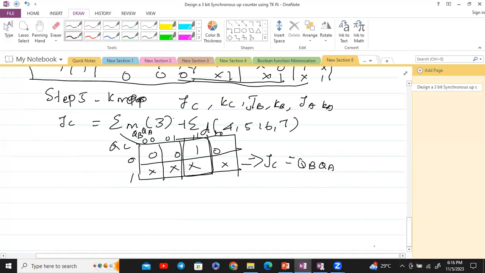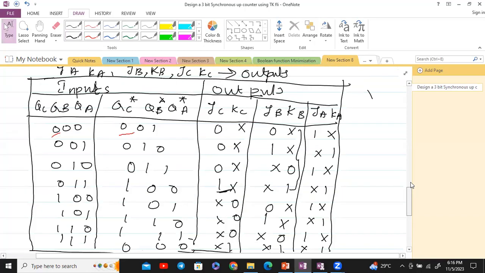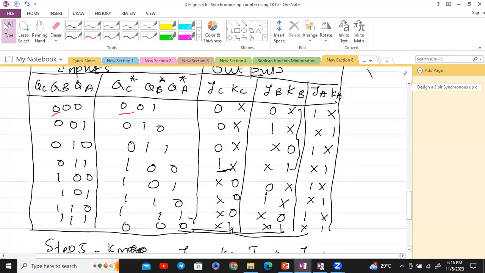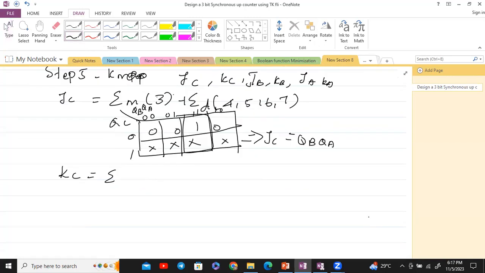Then write for KC. What corresponds to KC? For summation min terms, what are the min terms corresponding to the value? Only for 7 you are having 1. That is for 1 1 1 you are having 1 in your transition table. So you can write accordingly summation M of 7 plus don't care.